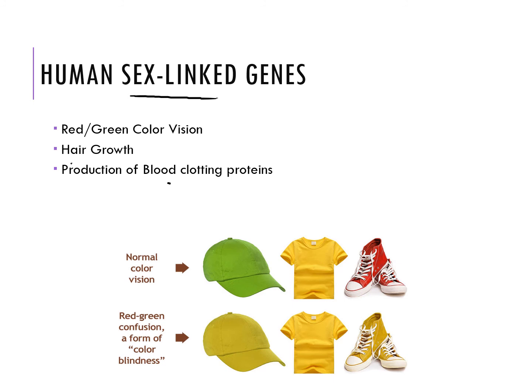So some human sex-linked genes would be red-green color vision. The dominant version of this allele would allow you to differentiate between red and green, whereas the recessive allele makes it a little bit more challenging, as we can see in this example at the bottom, where normal color vision, where you have a green hat, a yellow shirt, and red shoes, if you have the recessive version, or color blindness, as they might refer to it, everything kind of looks like a version of yellow.